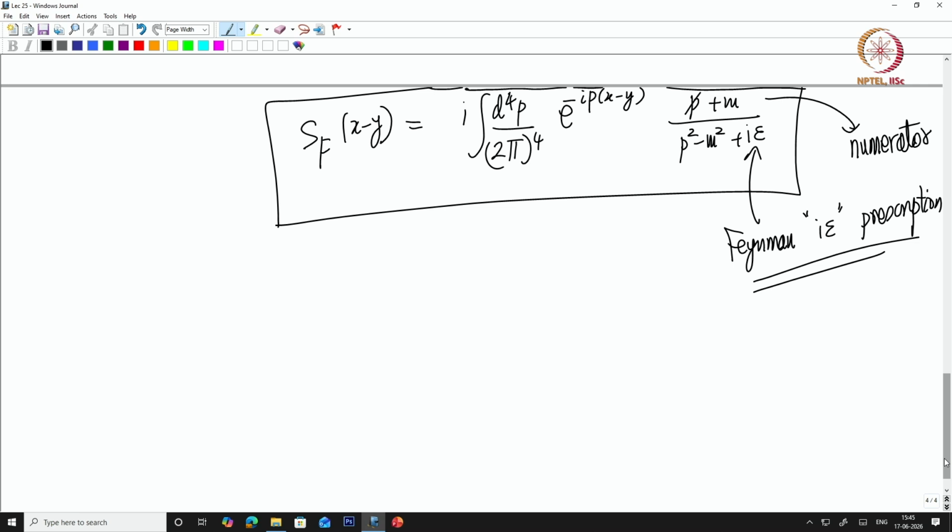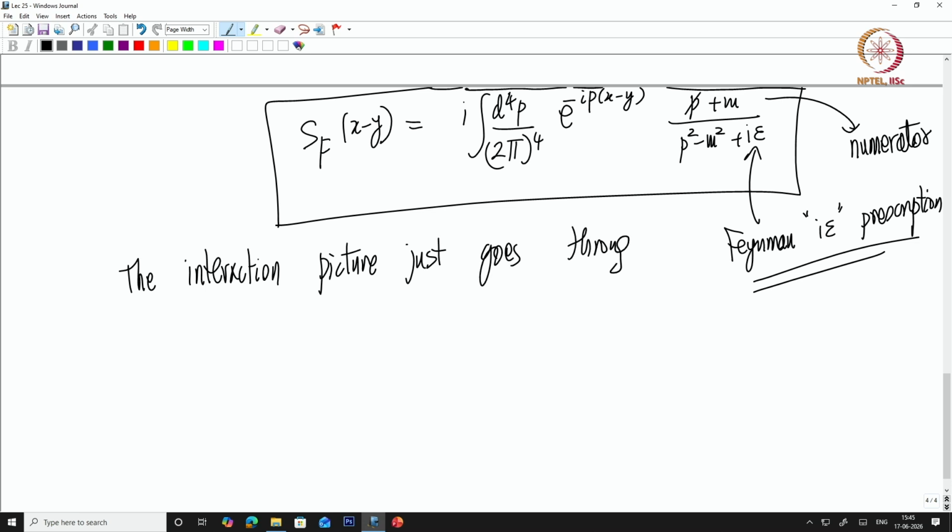Now before going into the interaction picture, the interaction picture is exactly the same as we have done for the bosonic case. So the interaction picture just goes through as in the fermionic case.